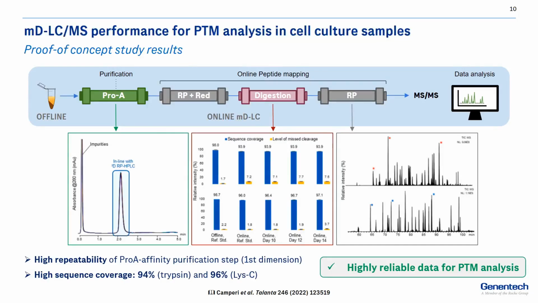Lastly, on the right, we can see the TIC profiles of the tryptic and Lys-C digestion. Unmodified peptides selected for the assessment of the multi-D LC-MS method repeatability are denoted by asterisks. Overall, the data were highly reliable and could be used for PTM analysis.